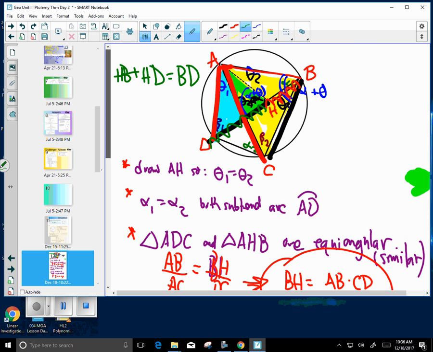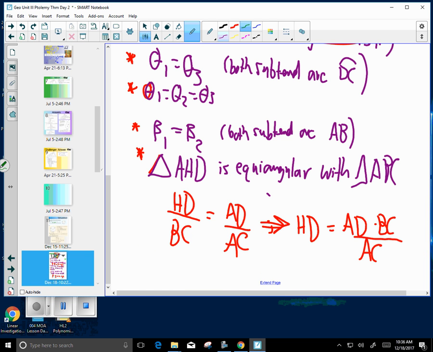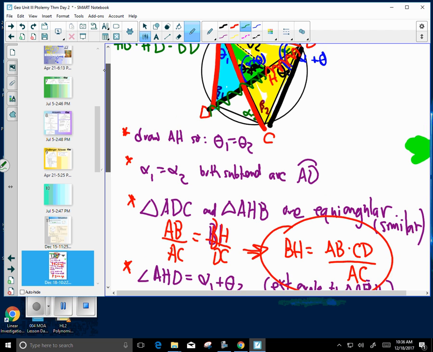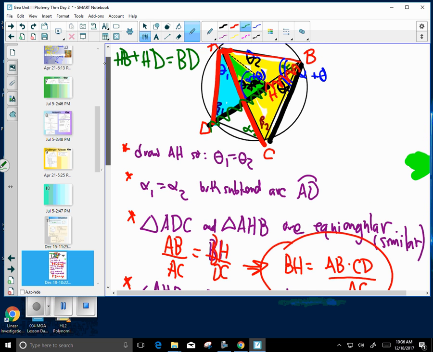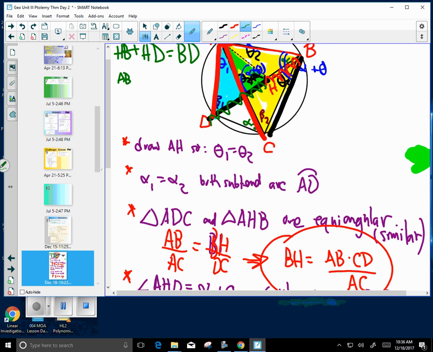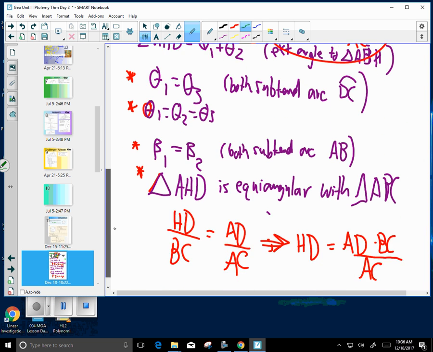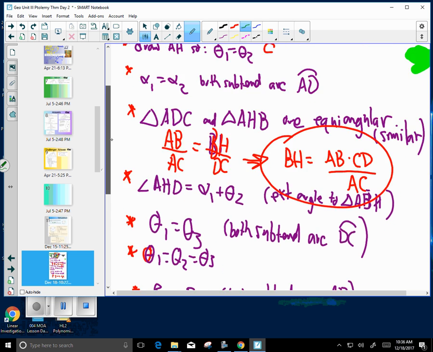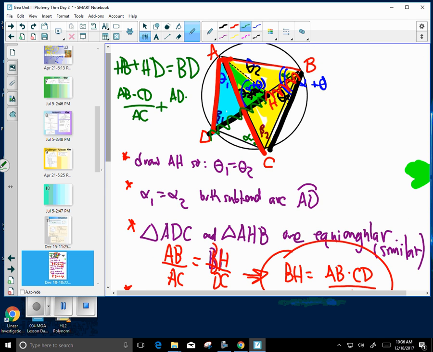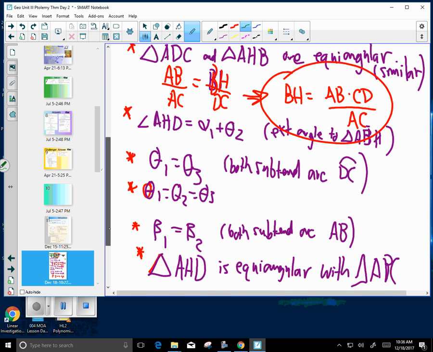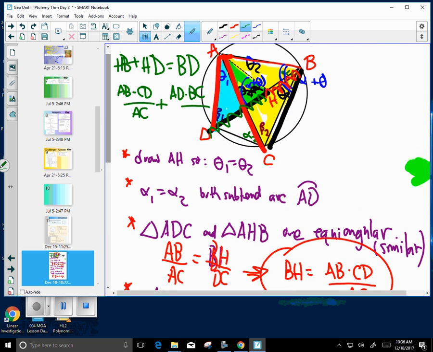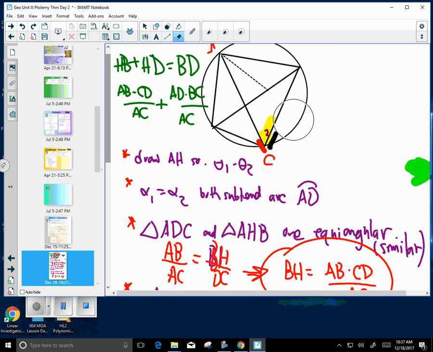So now we just go ahead and add those together. BH was AB times CD over AC, and HD is AD times BC over AC. And that should be equal to BD.